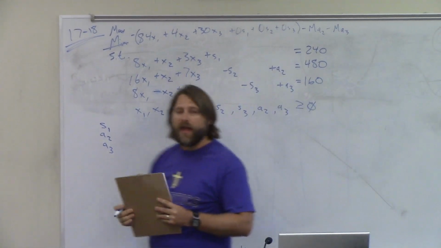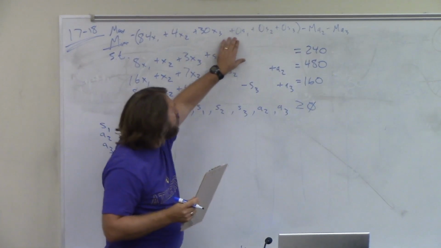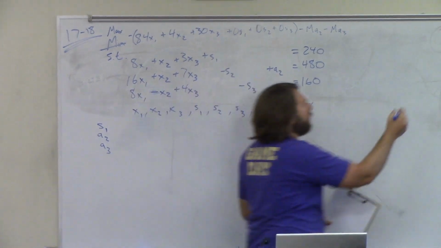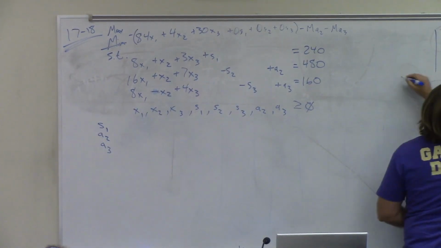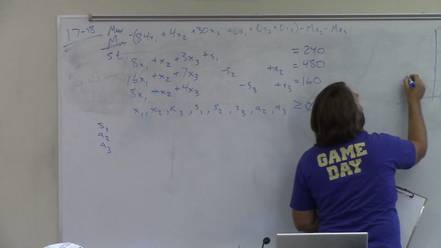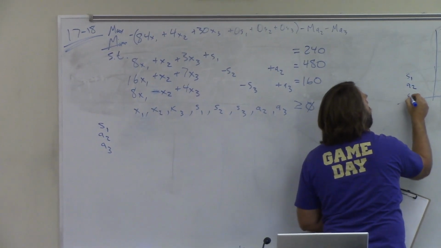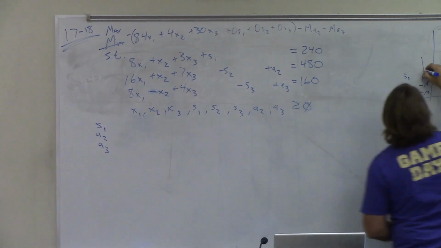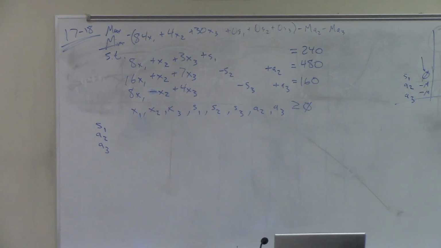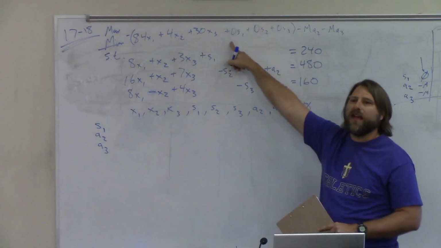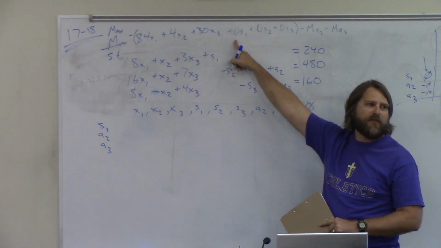All right, and so I think a lot of you saw these zeros here because you were thinking about when we do our simplex method, and you put in S1, A2, and A3. You were thinking of these zeros, this 0 right here, but that's not the value of S1. That's the coefficient for the S1 value in the objective function.